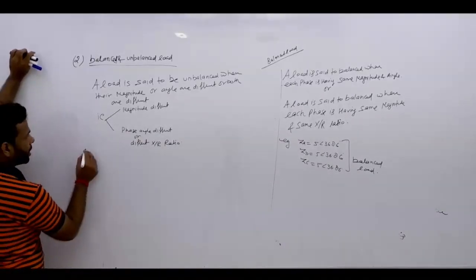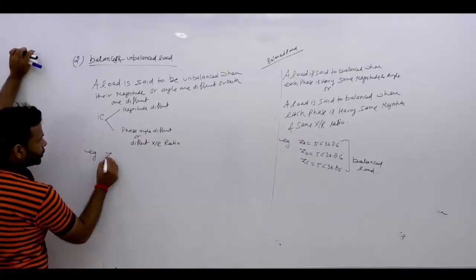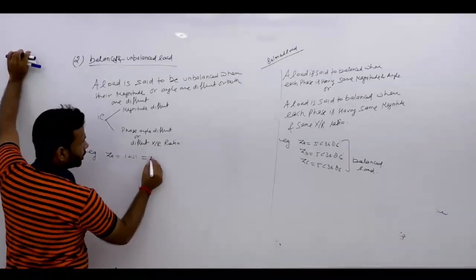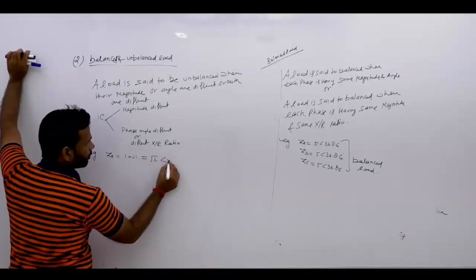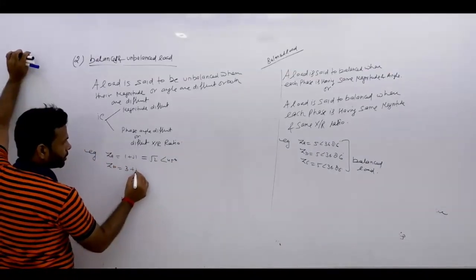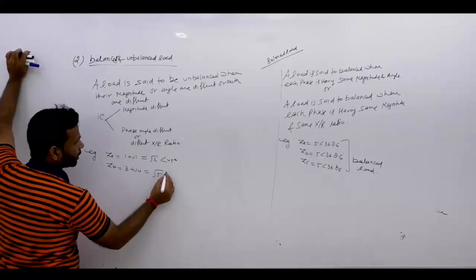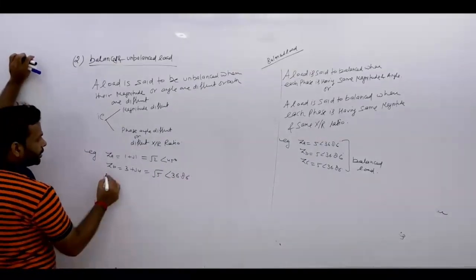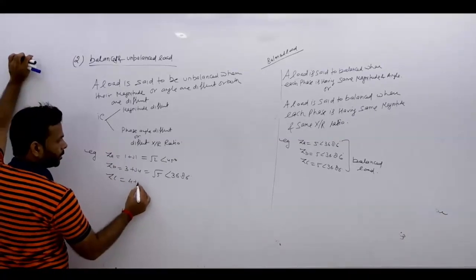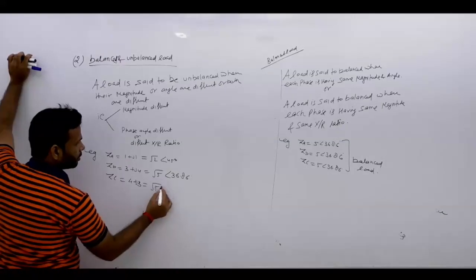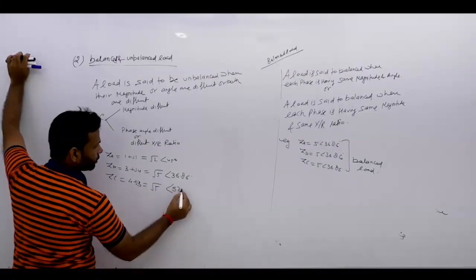Now let's take an example. Suppose ZA is 1 plus j1 and its magnitude is root 2 angle 45 degree. Similarly, I am taking ZB equals 3 plus j4 whose magnitude is root 5 angle 36.86 degree. Now ZC is 4 plus j3 whose magnitude is 5 but angle is 53.13.